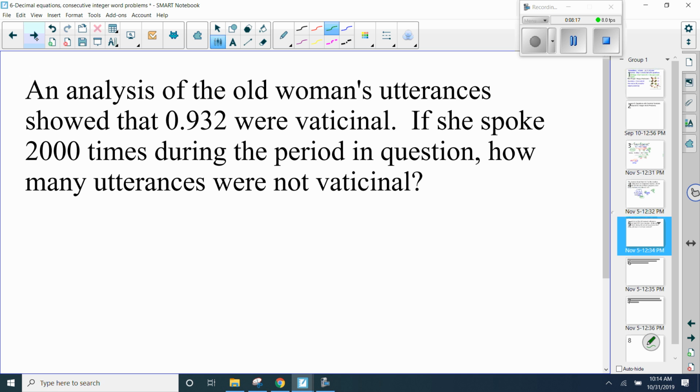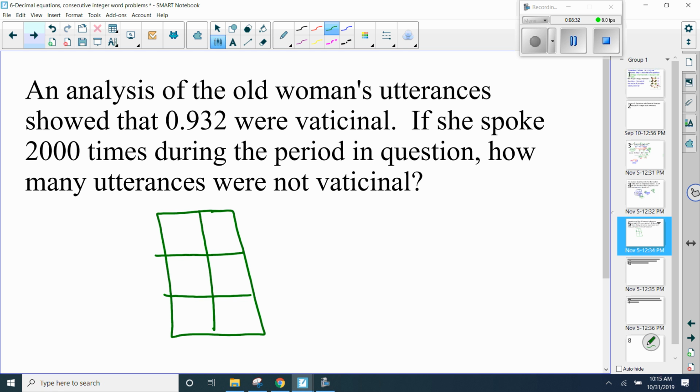What about this one? An analysis of the old woman's utterances showed that how do I read that number? 932 thousandths. So 932 out of 1,000 were artisanal.